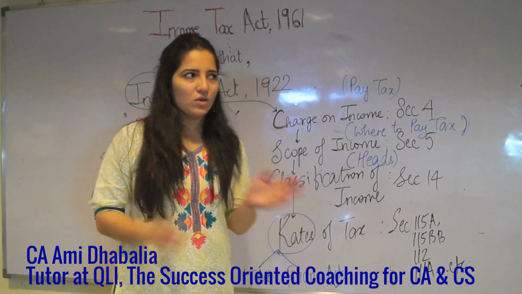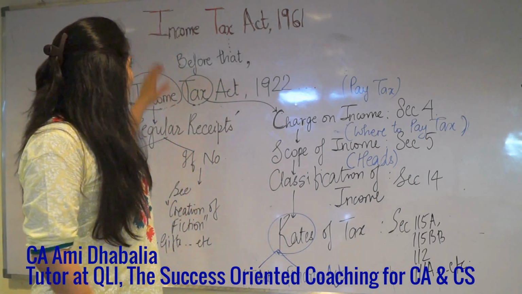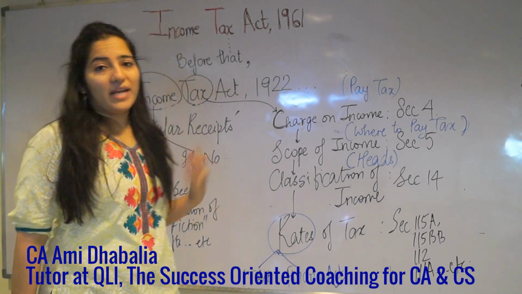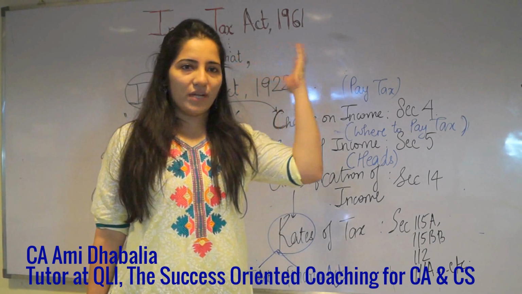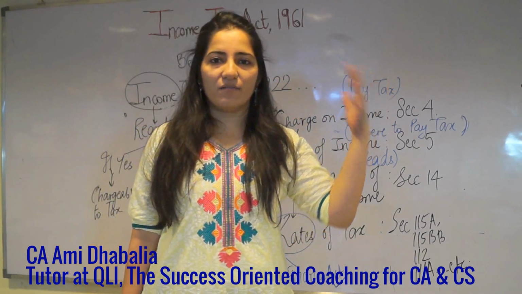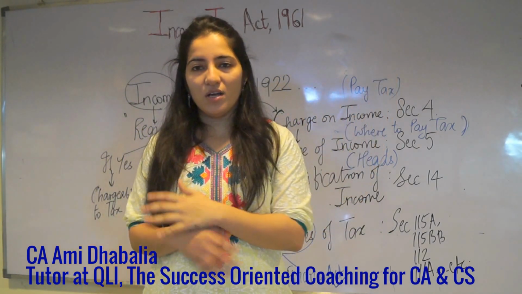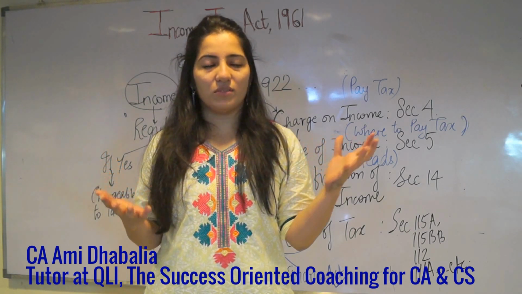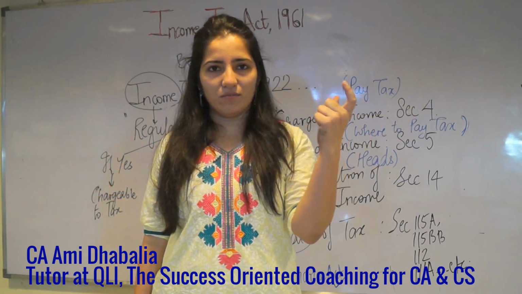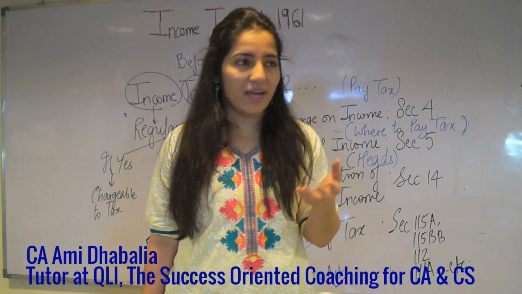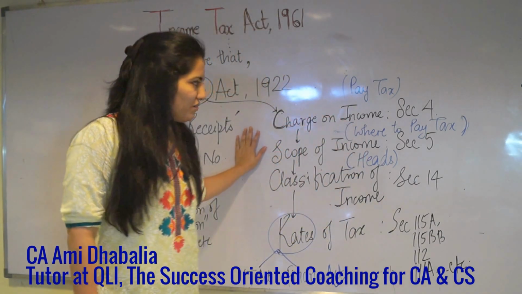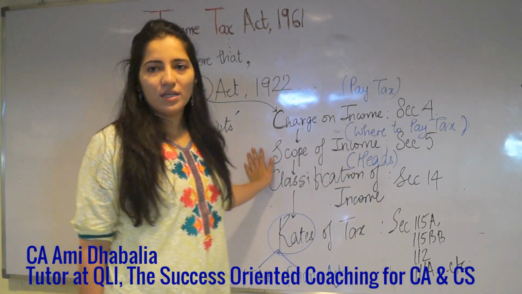So basically this is how our income tax has evolved right from, I don't know, 400-500 years back where there was a barter system, and right now there are 1,000-2,000 pages of a book which is known as a Bare Act. These are the basics of income tax, that is section 1 to section 9.